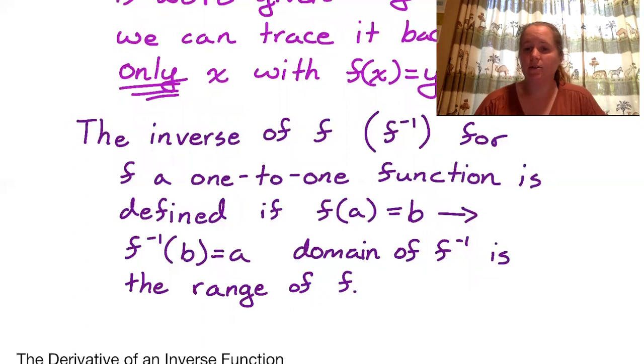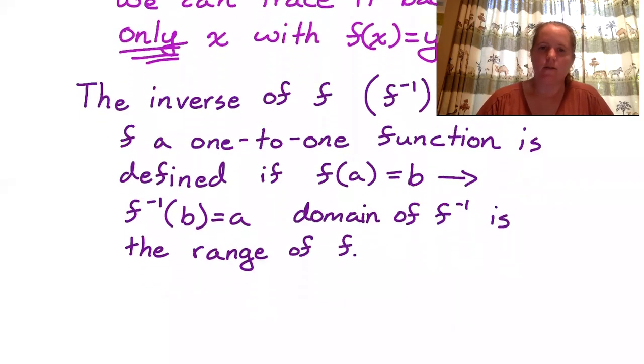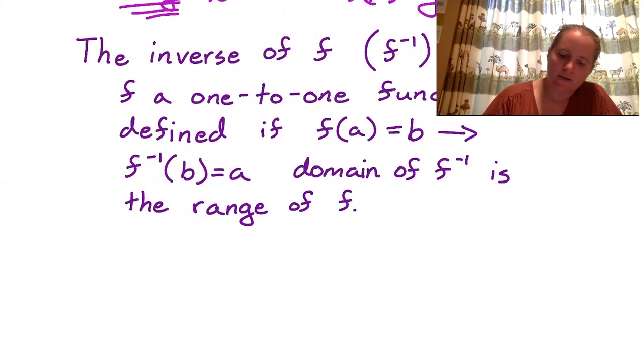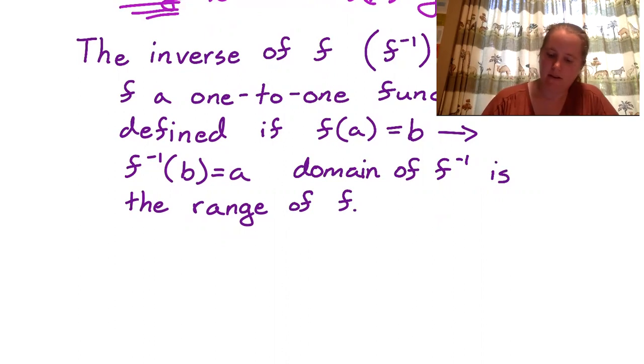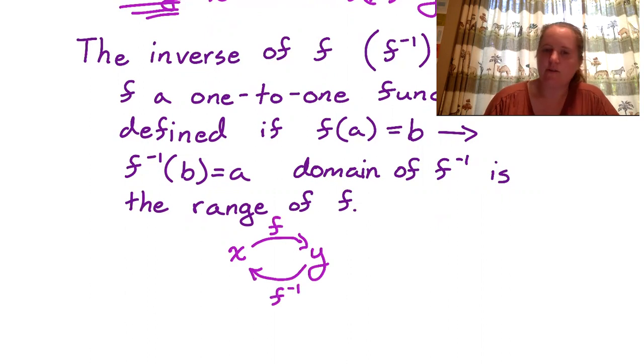So we get some key tricks here. Essentially, f and f inverse undo each other. So we can create the following relationship, just as a summary. If we have x and y, if f sends x to y, then f inverse sends y straight back.